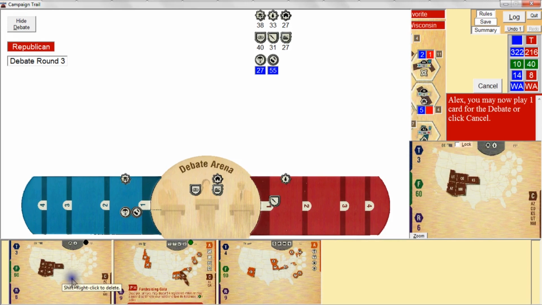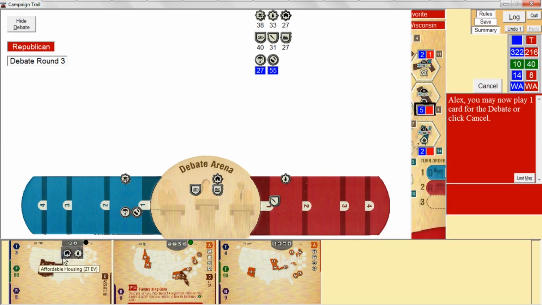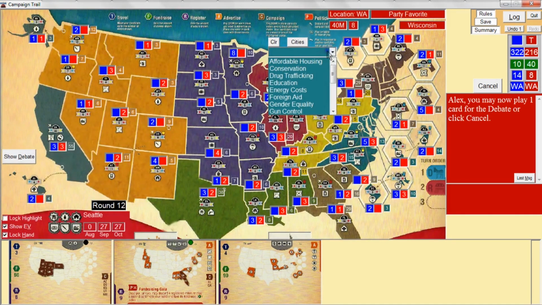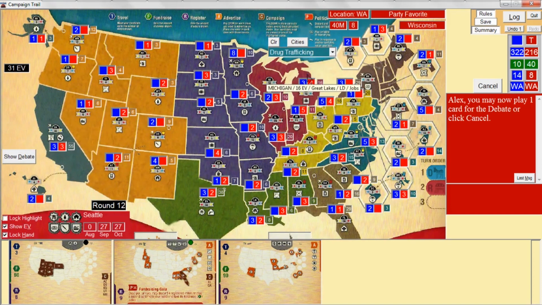So if she chooses this card, that's going to end up with housing in track 1, drugs in track 1, and conservation on track 2. And then these 3 issues would remain for me in track 1. So drug trafficking, affordable housing, and conservation. So drug trafficking gets her strong and improves her position in Colorado.